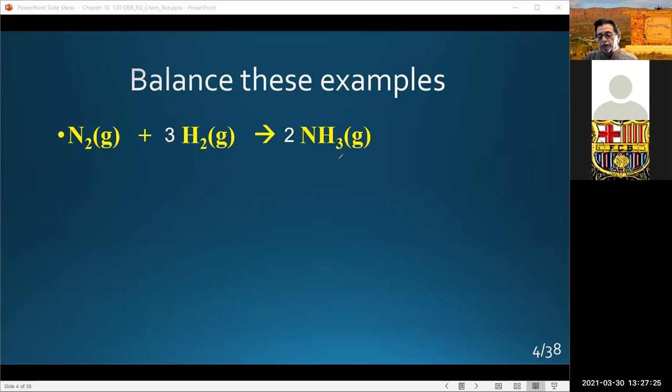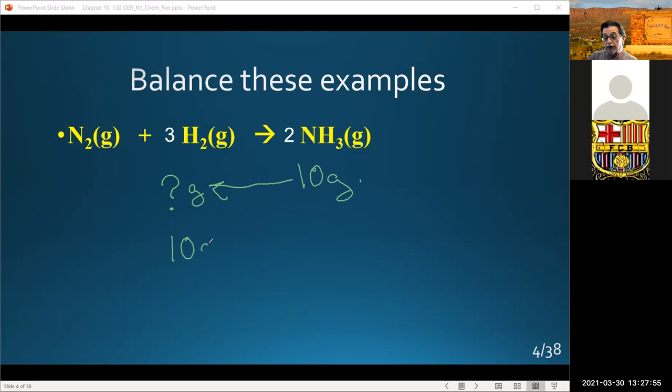Because it could be, for example, how many grams of hydrogen would I need to make 10 grams of ammonia, or vice versa?